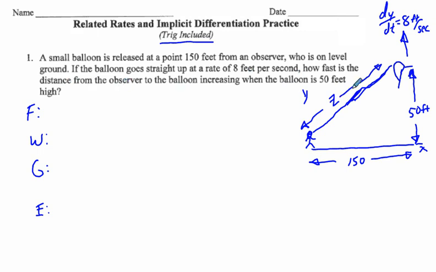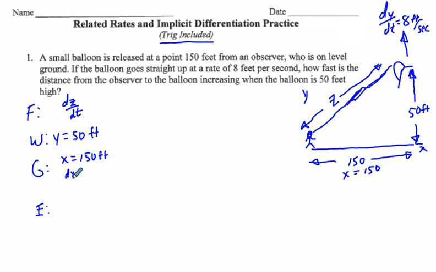So Z is this distance, and we're looking for the change in distance with respect to time, dz dt, when y equals 50 feet. That's going to be our y value. By the way, our x value is 150 feet. We're given x is equal to 150 feet.